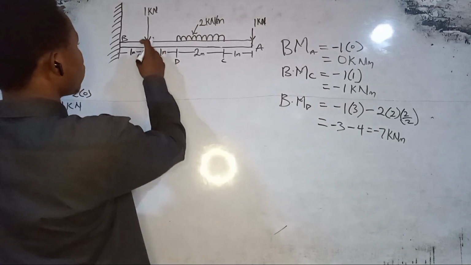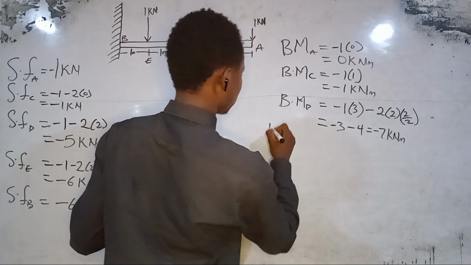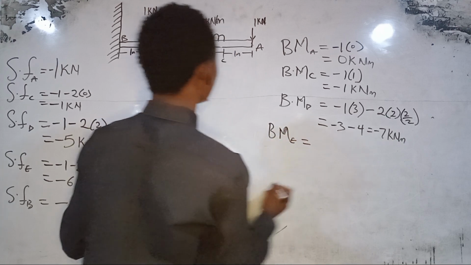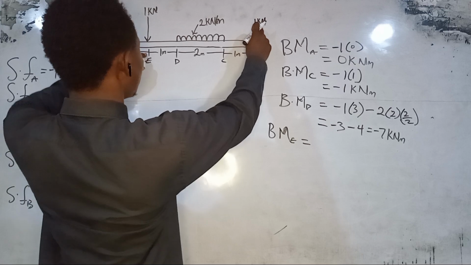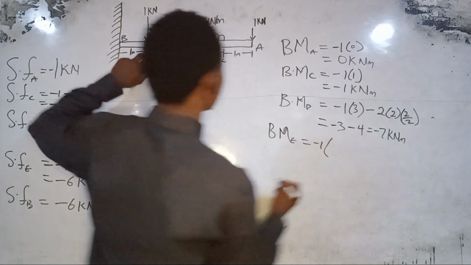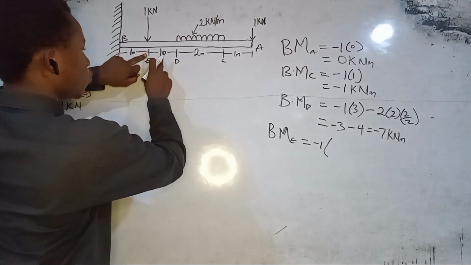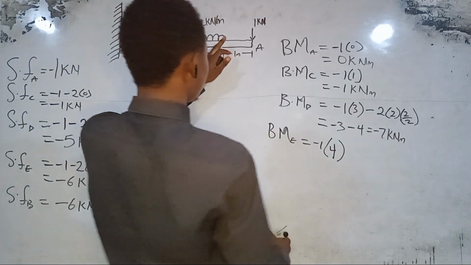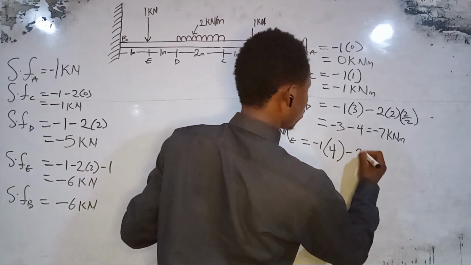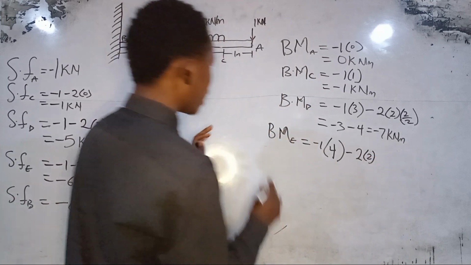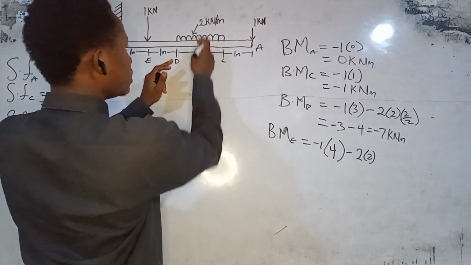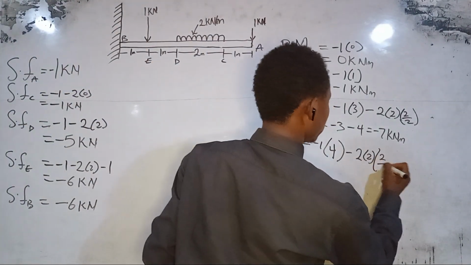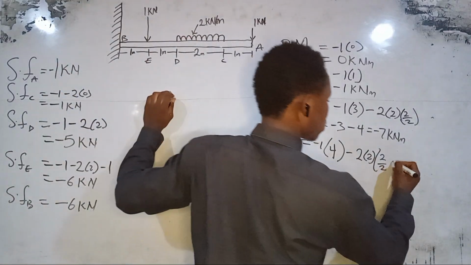Then also the bending moment at E would be equal to 1 times the distance from E. So we have minus 1 times, what is the distance from E? 1 plus 2 plus 1, that is times 4. Then from C, this one here, which is minus 2 times 2, that is the shearing force. Now the distance from the half of the U.D.L here, we have 2 divided by 2 plus the remaining distance, which is 1.